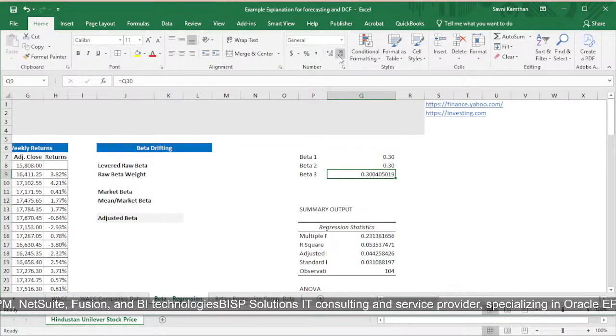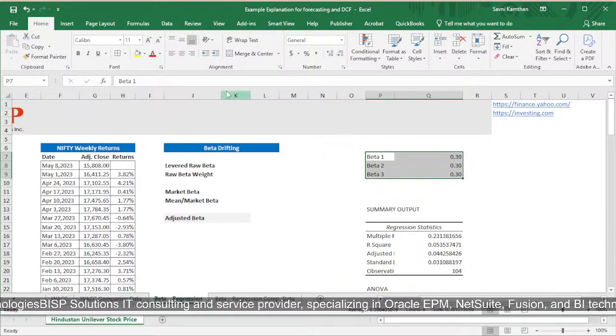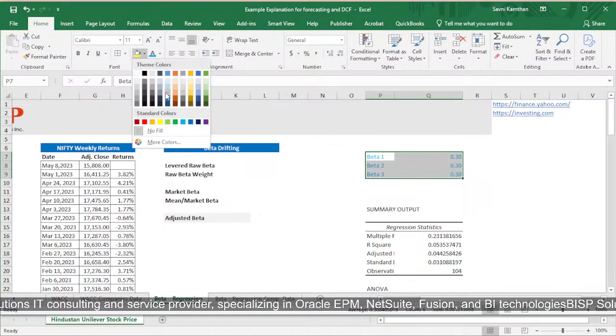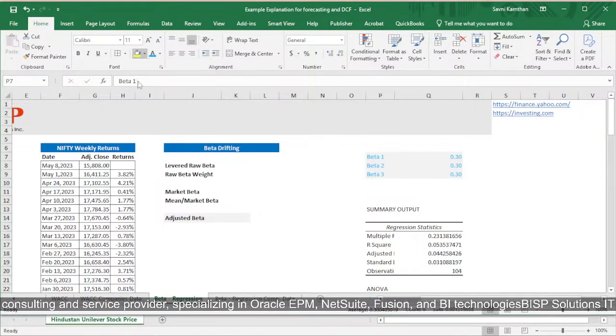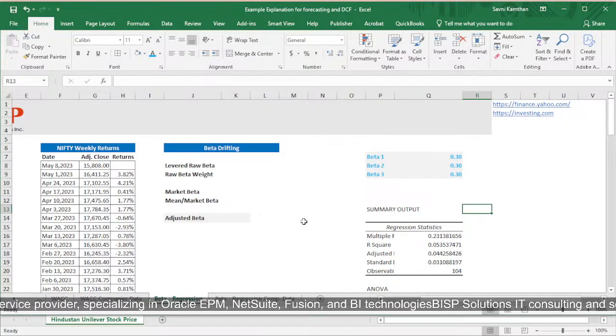Previously we had selected the wrong data set to calculate it. So this is how we calculate our beta in 3 different forms. So we just have to highlight it a little bit like this and right.